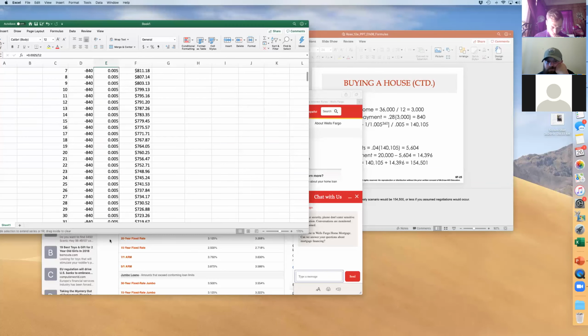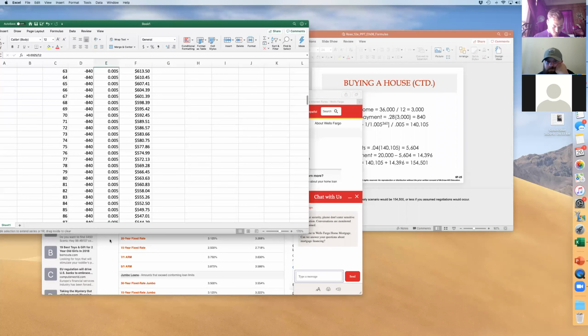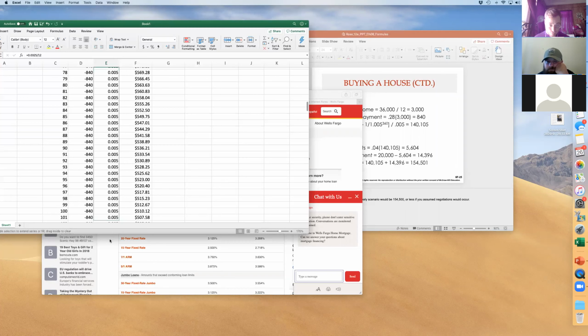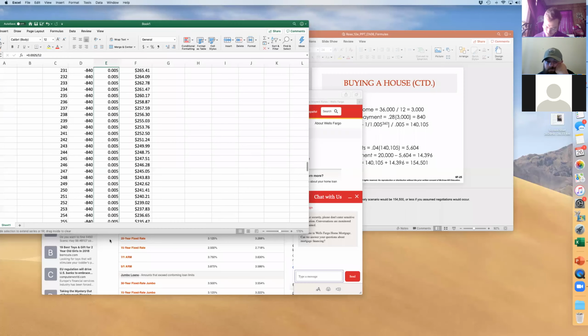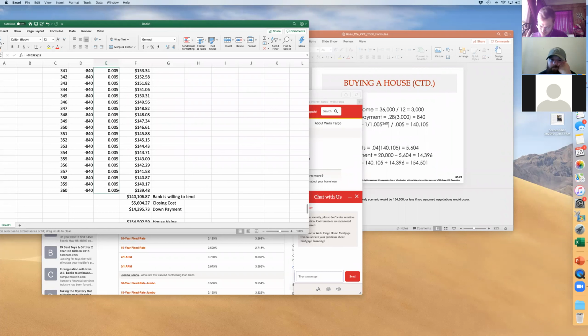And when I change that interest rate, what's going to happen to the present value of the loan that Wells Fargo is likely to lend to us? Is it going to go up or is it going to go down? Up or down with lower interest rates?